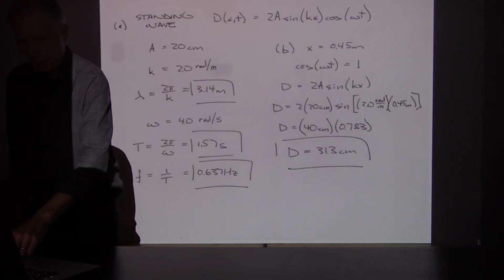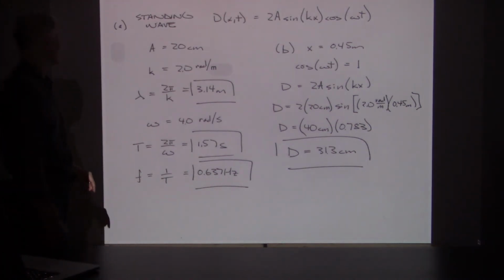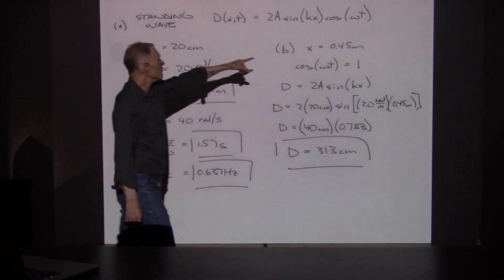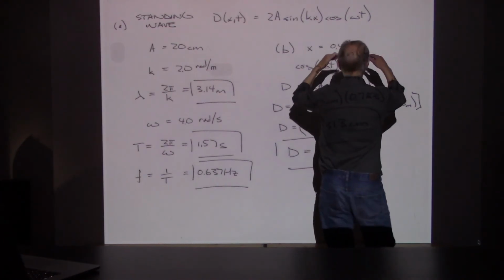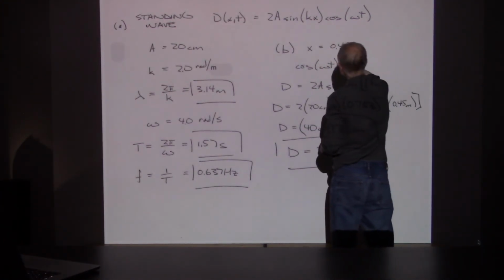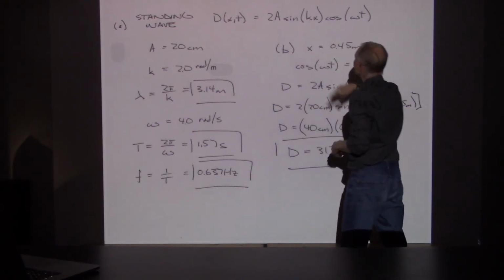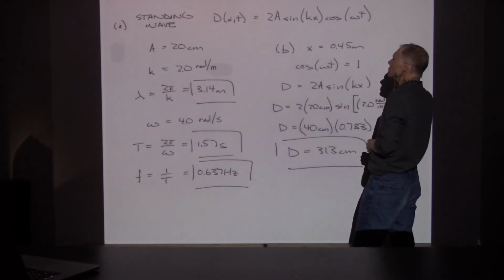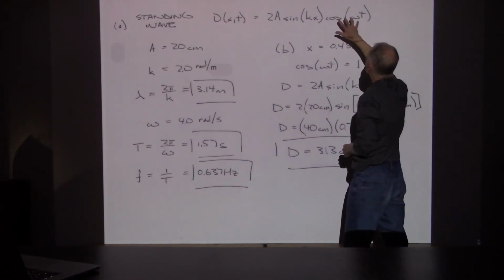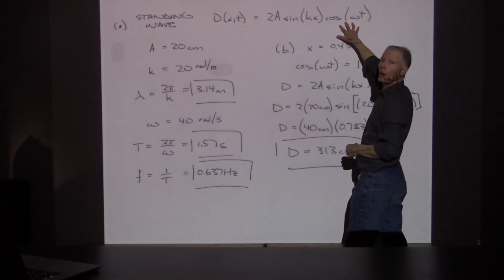If we look at a particular location along there, and they are looking at the value of 0.45, we plug it in. So I take the 0.45, plug it in for x, plug in the k value. Now it wants to know what's the largest displacement. To get that, I set the cosine equal to 1.